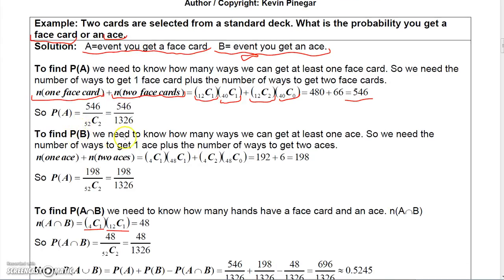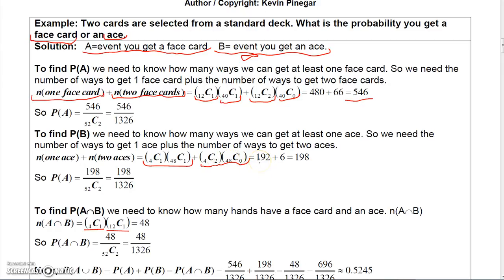Now for B, I need to know how many ways we can get at least one ace. That would be all the ways to get one ace plus all the ways to get two aces. So the number of ways to get one ace, we can say 4 aces choose 1, and then the 48 non-aces choose 1, plus 4 aces choose 2, and then the 48 non-aces choose none.